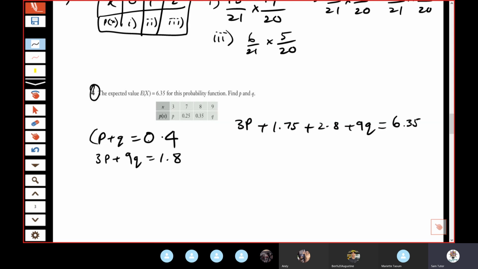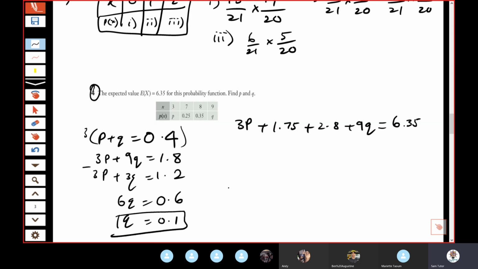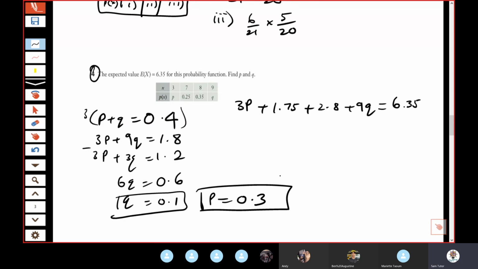And I would times this one by 3. Subtract, that becomes 6, that becomes 0.6. Q equals 0.6 divided by 6, obviously 0.1. And then P becomes 0.3. Okay, anybody have any questions on that one? No?